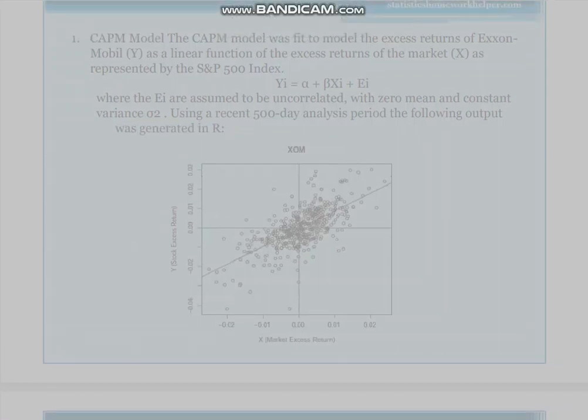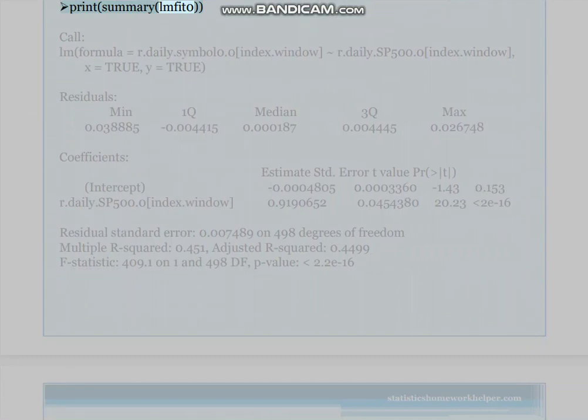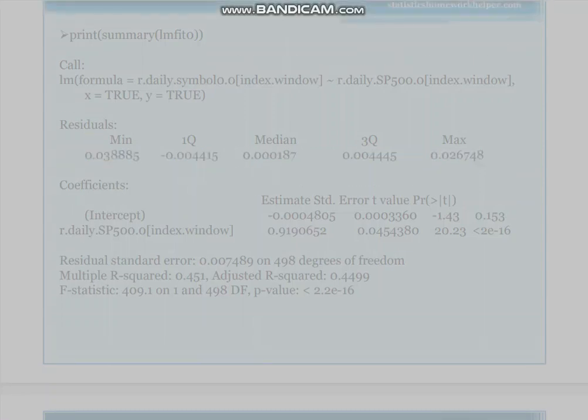Print summary fit 0. Call: lm(formula = r.daily.symbol.0[index.window] ~ r.daily.sp500.0[index.window], x = TRUE, y = TRUE). Residuals: min, 1Q, median, 3Q, max: -0.038885, ..., 0.0044150, 0.0044450, 0.0266748.